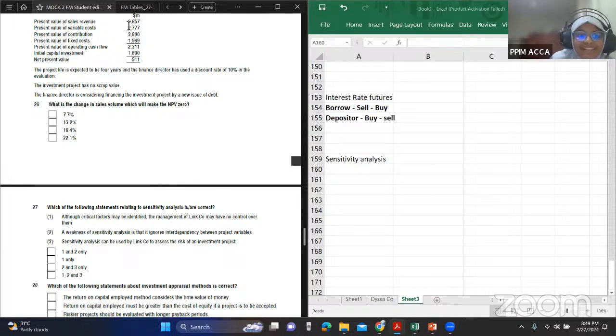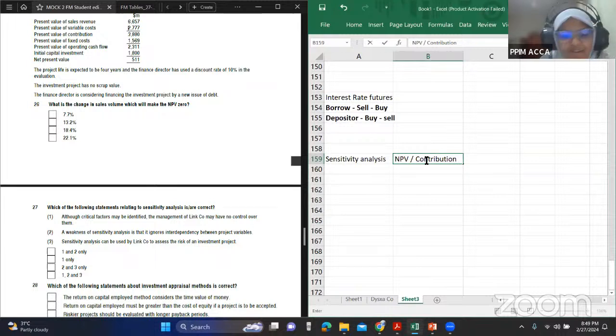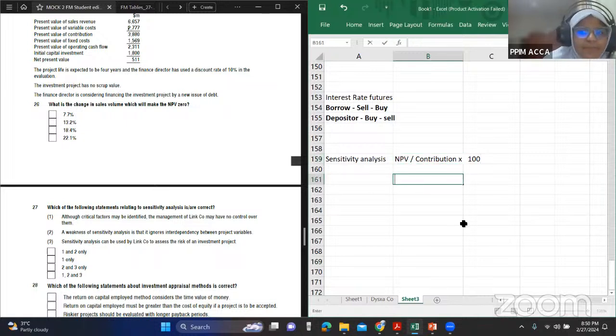Okay. So here they are asking you for what is the change in sales volume. Usually, for this change in sales volume, you take the NPV and divide it by contribution. You have to know this because this is the only one where it is not so straightforward. So NPV divided by contribution into 100. NPV is 511 divided by the present value of contribution, 3,880.